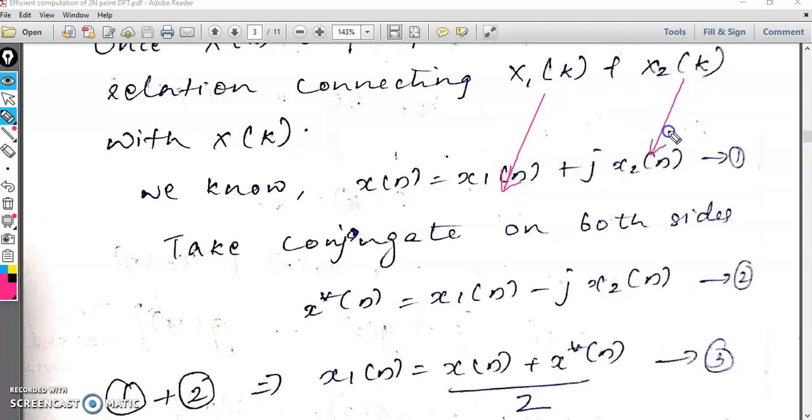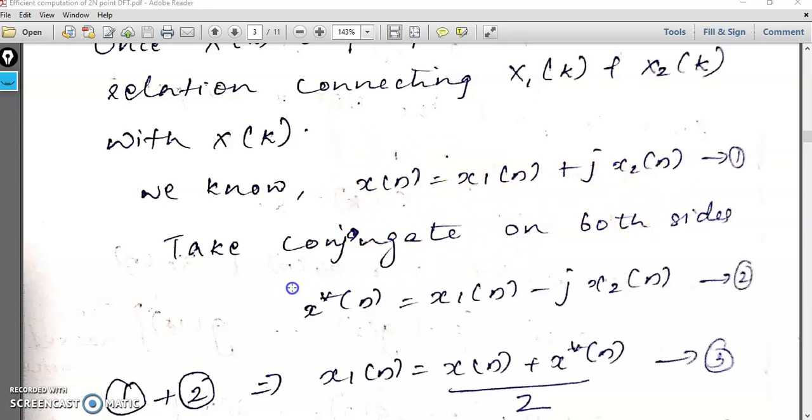What is the relation between X1 of k, X2 of k and X of k? We can check that. We know that x of n is equal to x1 of n plus j times x2 of n. We take the conjugate on both sides.